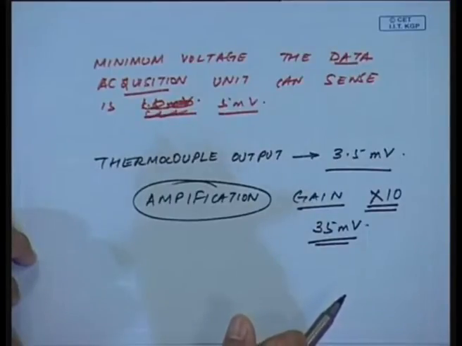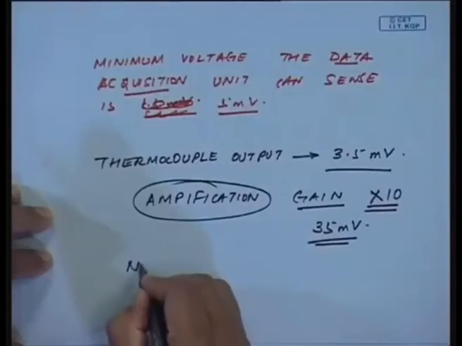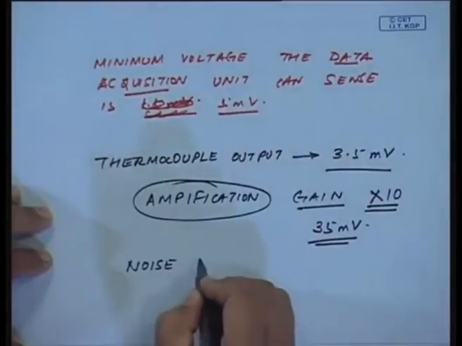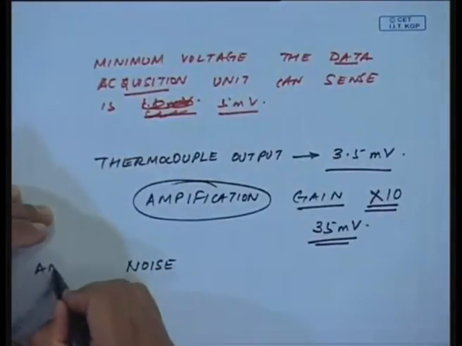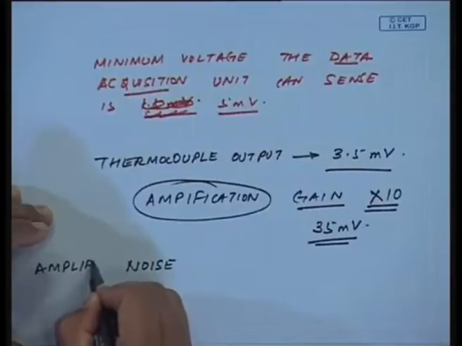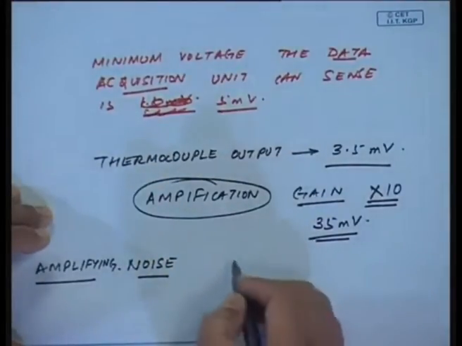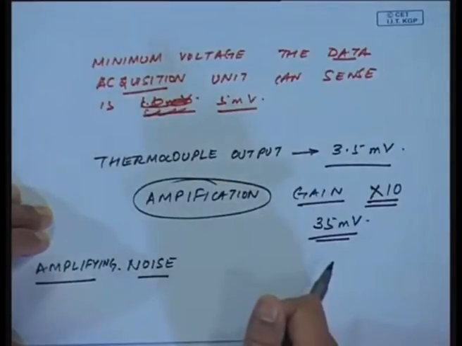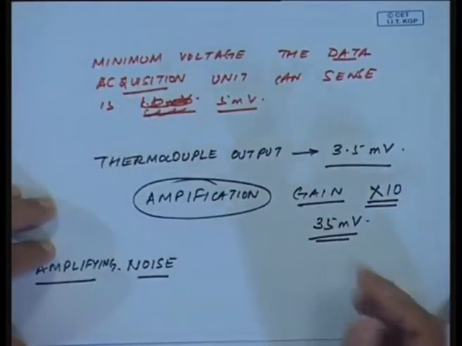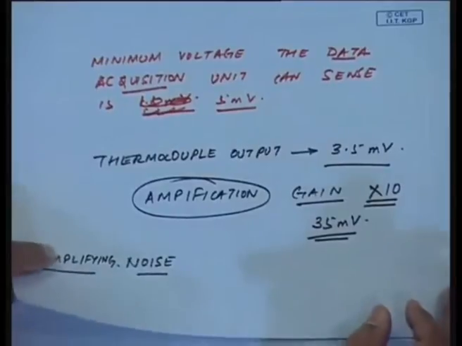But this may sound very easy, I have increased the voltage by 10 times, but I am also amplifying the noise. This is an associated problem. So, how do you remove it? So, there are issues.